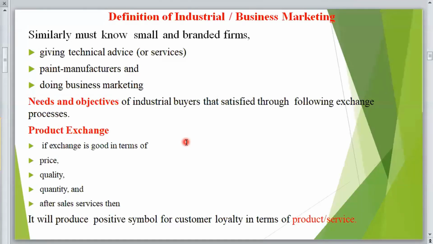No one will enforce the other. If someone enforces another to engage in exchange, this is not a kind of marketing, it's a kind of bravery, or sometimes a kind of burglary.